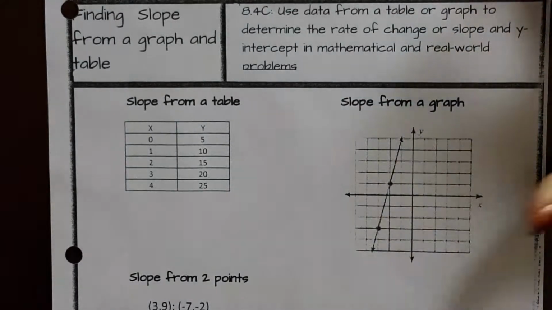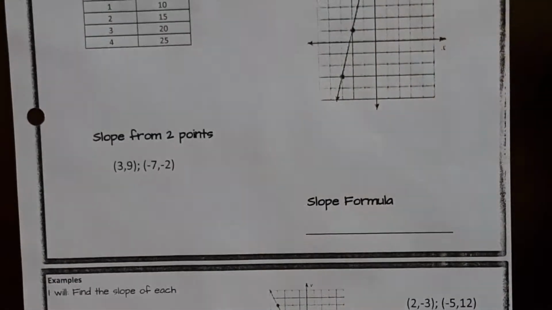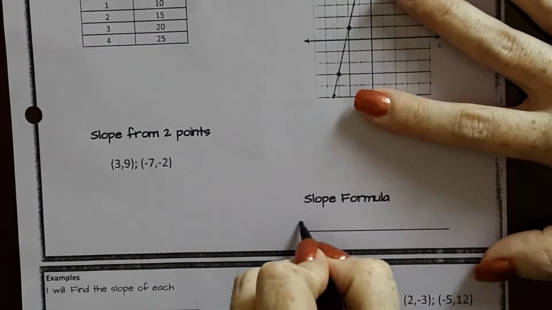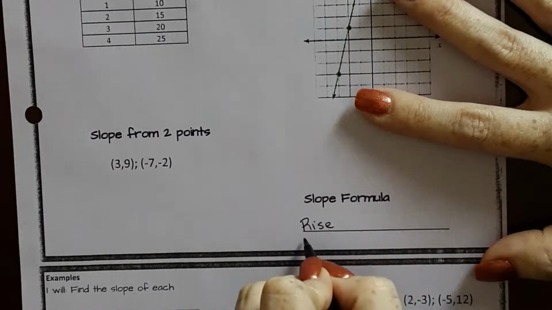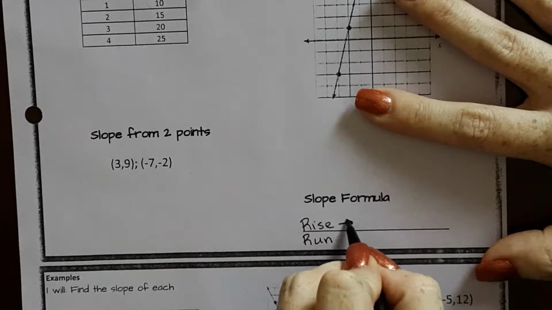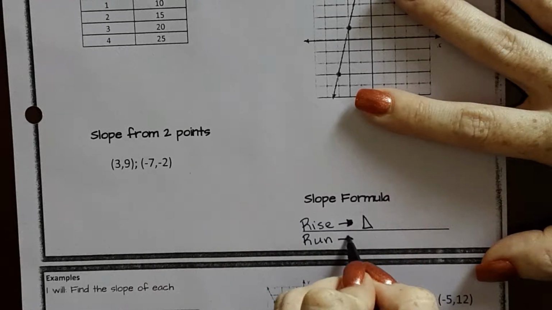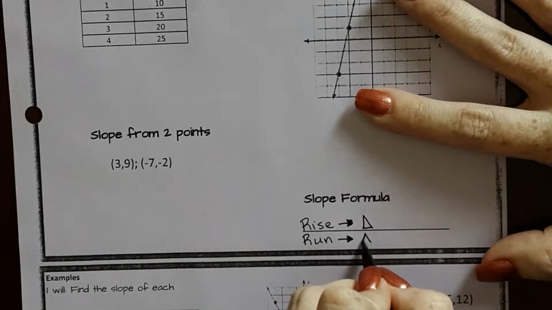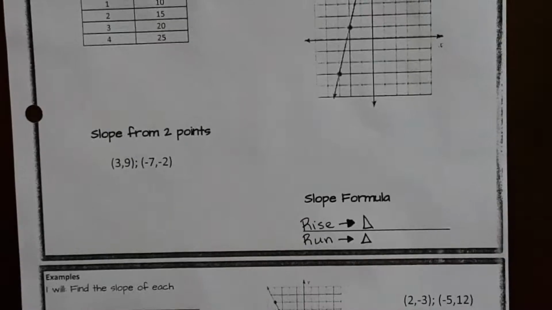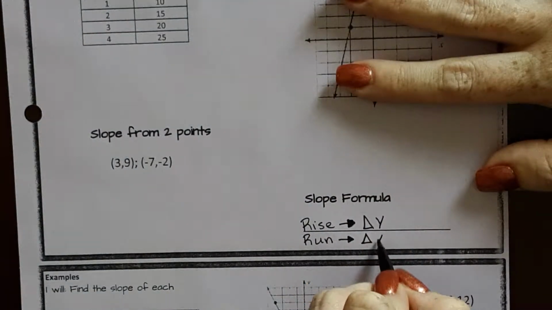So the slope formula, what you used to call rise over run, is actually delta y over delta x. The triangle is a Greek symbol for delta, or change in. Change in y over change in x.